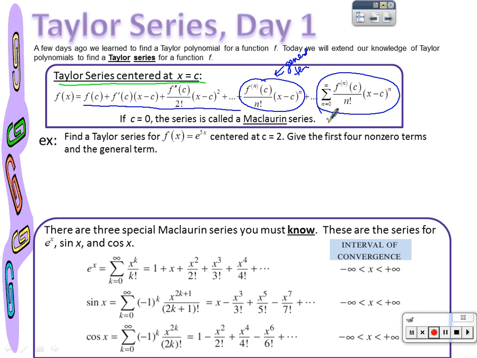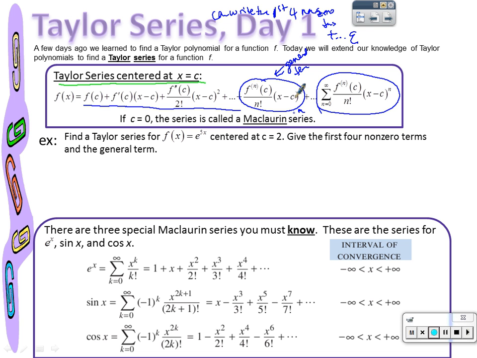What we will be required to do on the AP test is they're going to want us to write the first 4 terms, the first 4 non-zero terms, just to be clear. And then we would write plus dot dot dot, and then you could write the summation, this part right here.